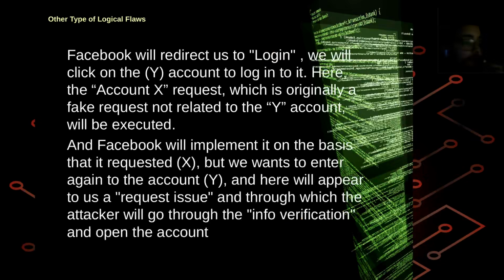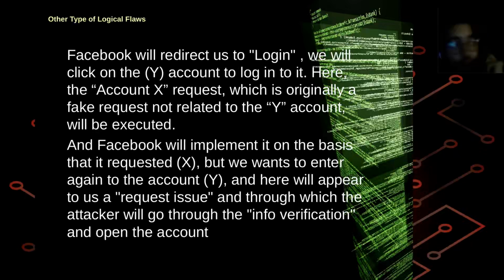Facebook will direct us to login, and we will click on account Y to log into it. Here the account X request is a fake request not related to the Y account, so Facebook will execute it and implement it on the basis that it was requested by X. But we want to enter our account Y again, and here a request issue will appear to us, and to talk with the attacker we will go to the info verification and open the account.